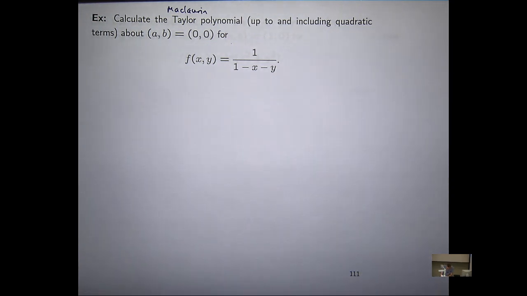Now, again, there are two ways of doing this problem. Can anyone suggest how we might quickly write down the series associated with this and then just choose the terms we want? There's no multiplication this time, but what happens if I write it like this?